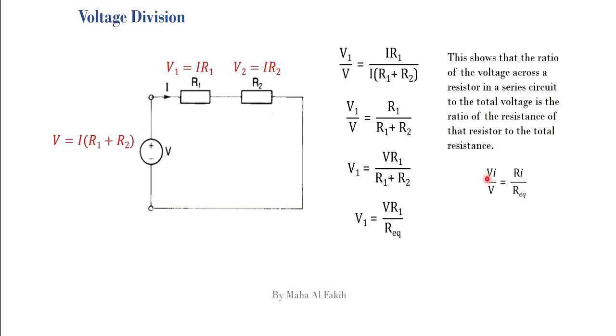The general rule for voltage division is Vi, whatever the value of i was, over V is equal to Ri over R equivalent. For example, if we take resistor R2, then i is equal to 2. So V2 over V is equal to R2 over R equivalent.